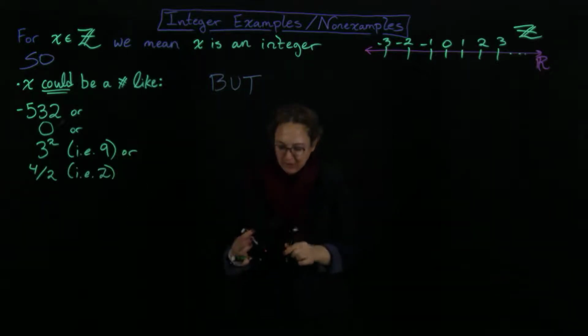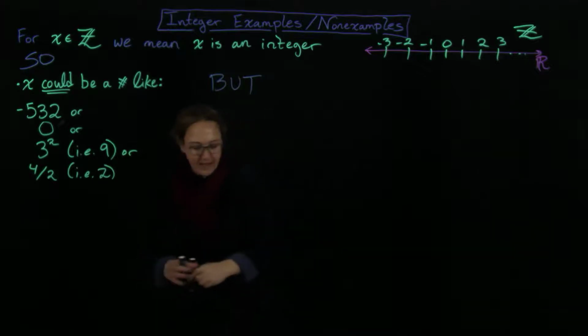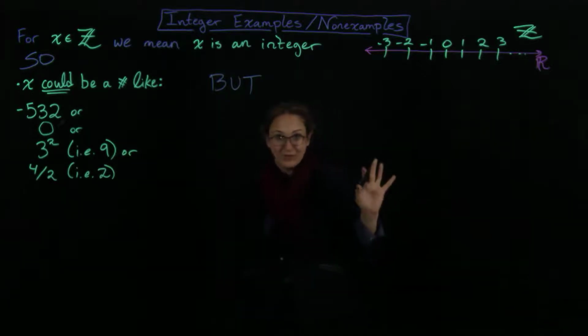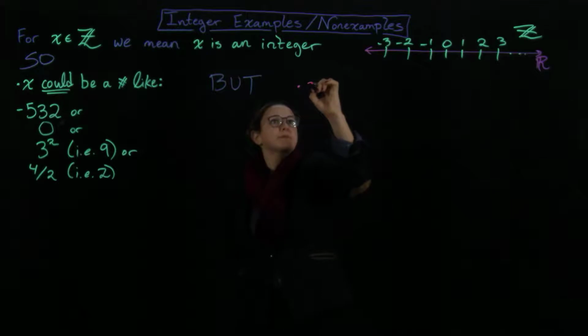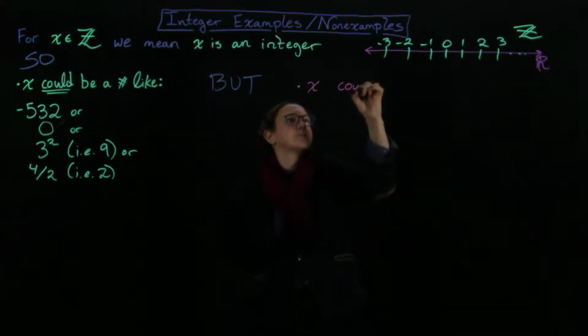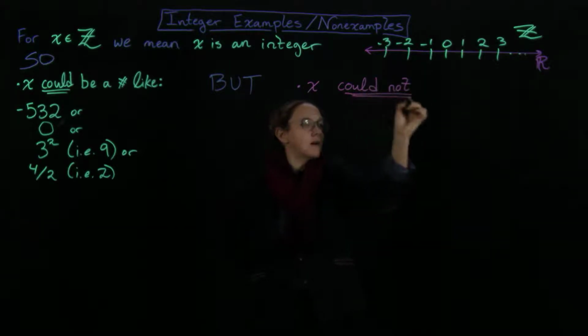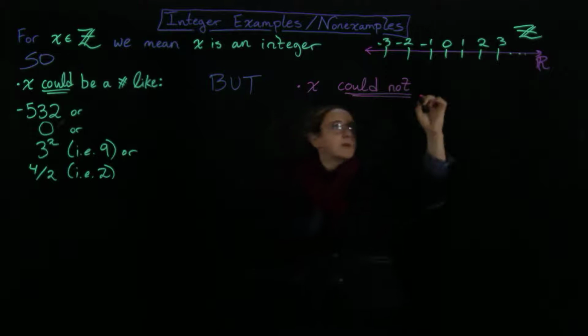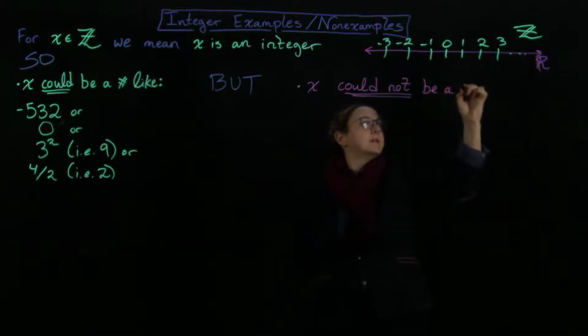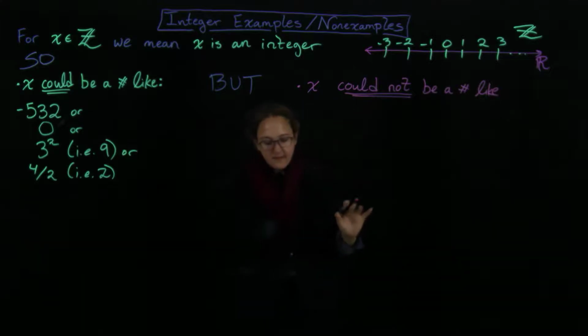Here are my non-examples. I'm going to do this in red because they're real numbers, but they're not integers. So x could not be a number like 3 halves.